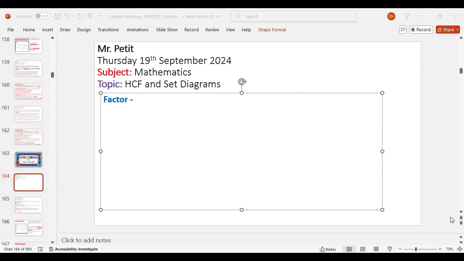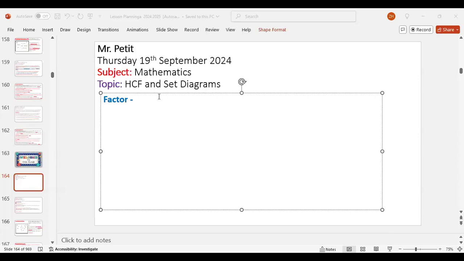So the factors of a number are numbers that can be multiplied together to give you that number. When it comes to a factor of a number, if we divide the number by that factor, will we have any remainder? No, sir.